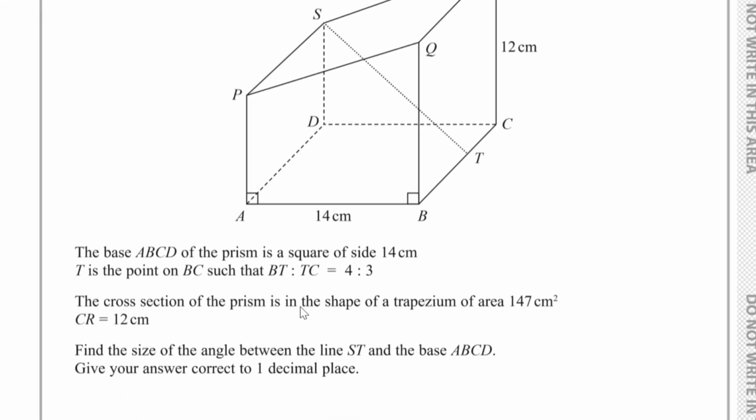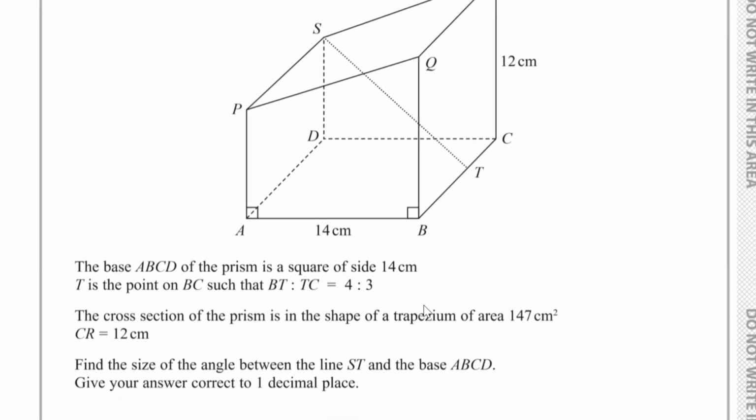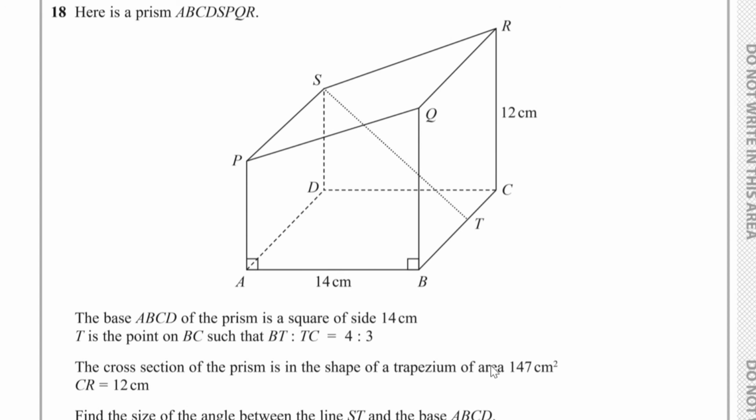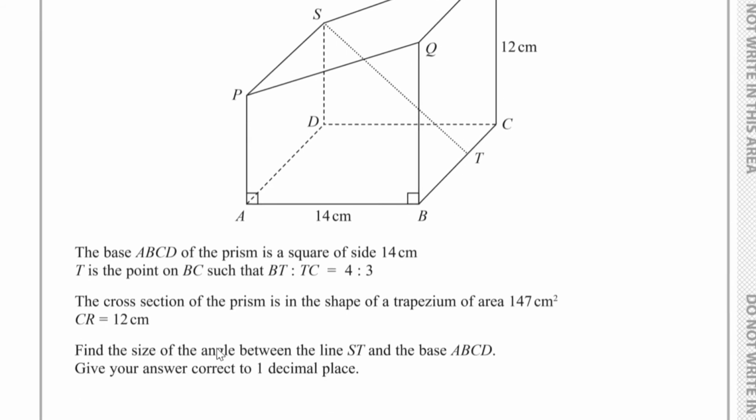The cross-section of the prism is in the shape of a trapezium of area 147 centimeters squared, and CR is 12 centimeters. We have to find the size of the angle between the line ST and the base ABCD.